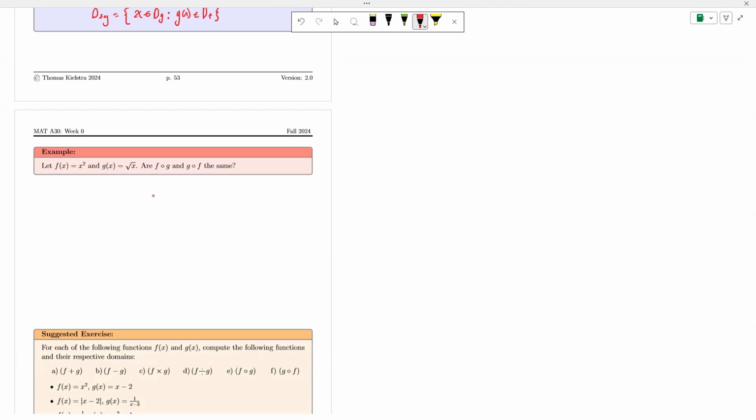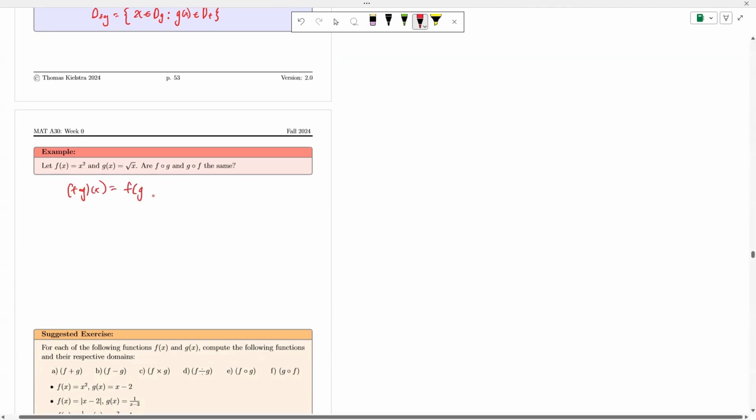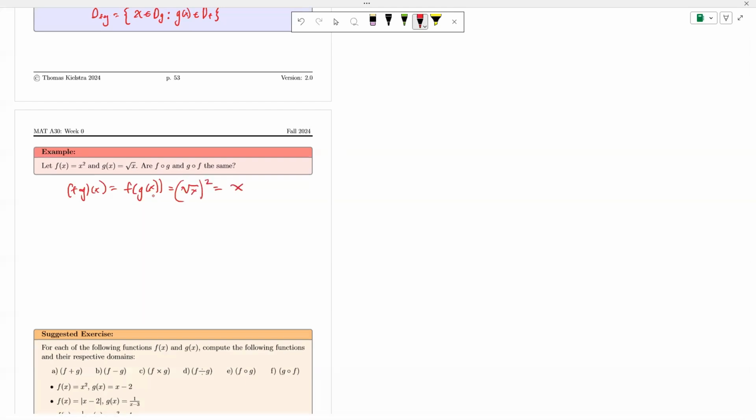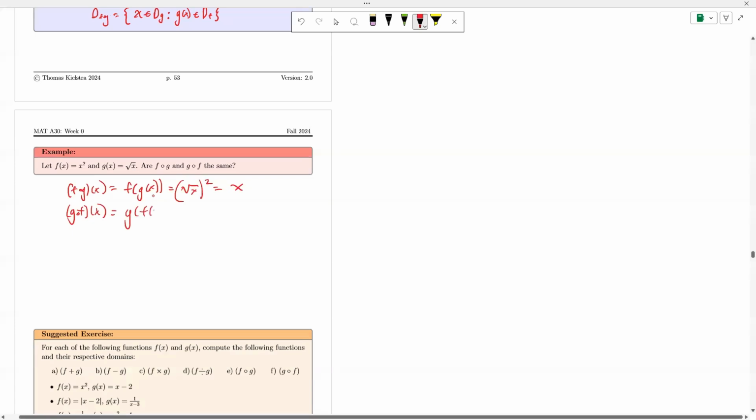So if we look at f of g of x, this equals f of root x, which equals root x all squared, which equals x. And if we look at g of f of x, this equals g of x squared, which equals the square root of x squared, which equals x.